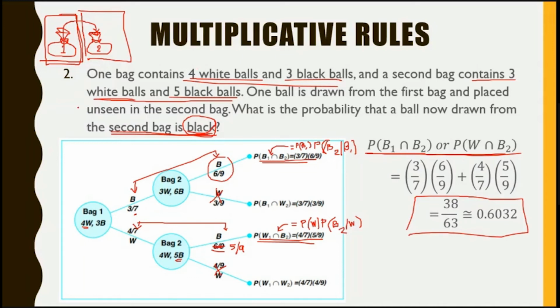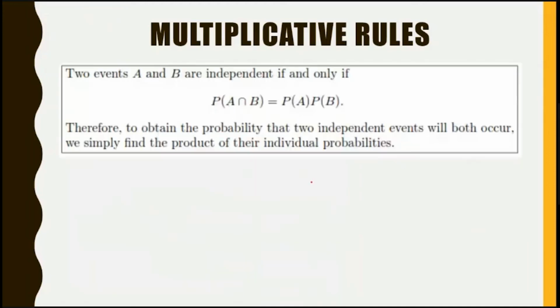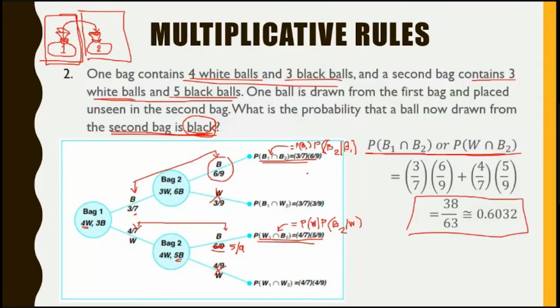If you think you cannot solve the problem just following the previous equations, then we can use a tree diagram to illustrate our solution better so that we can analyze the problem better. Okay, so that's multiplicative rules.